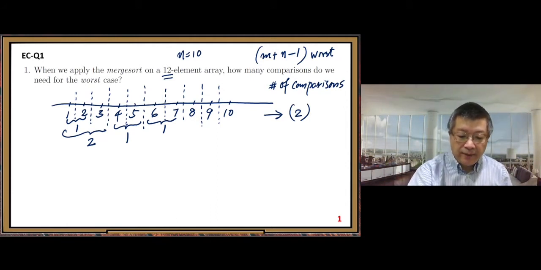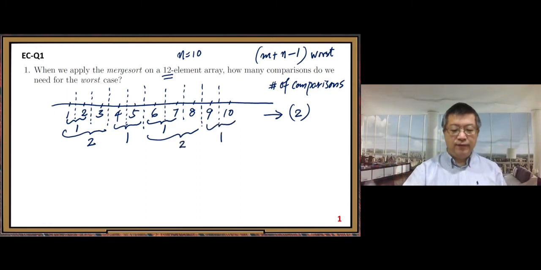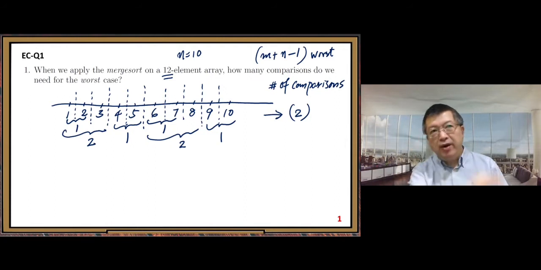And here, right here, we should have the previous subarrays, so 2 and 1, right? So this one merge.